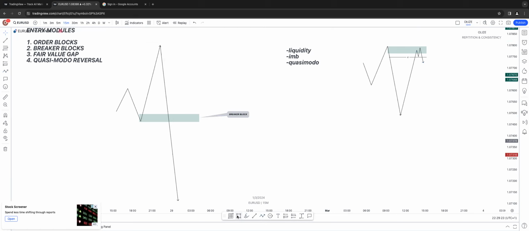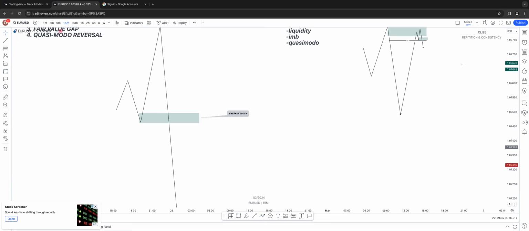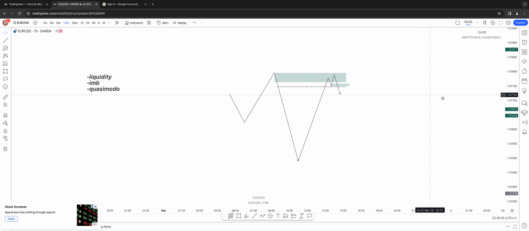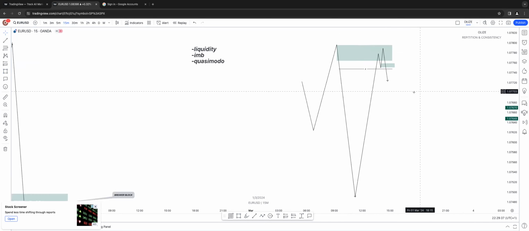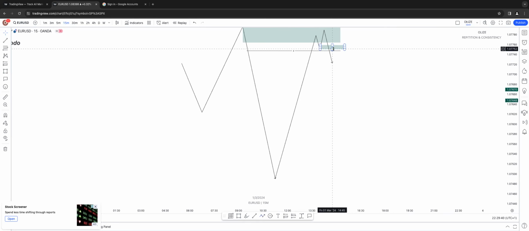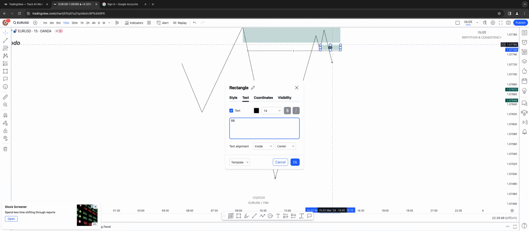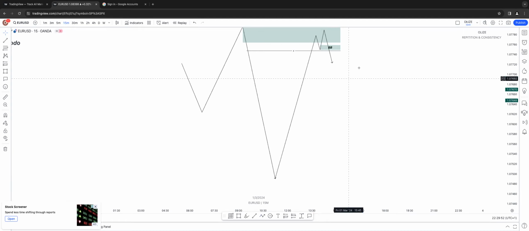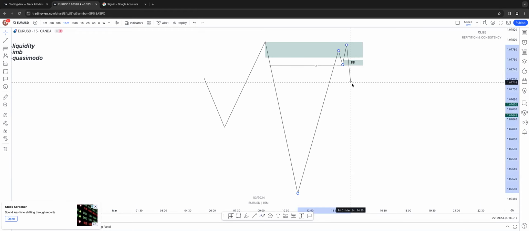So this zone here is a re-entry for this sell POI, this particular zone here. Let me zoom in. The zone here is your breaker block, and the acronym for that is BB. So we make use of breaker blocks for continuation.